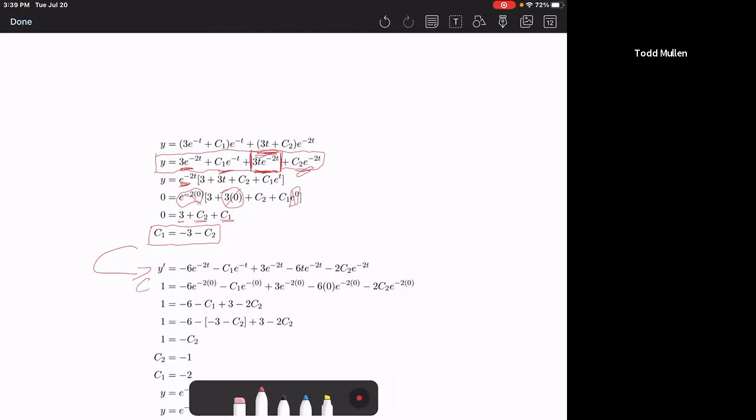That was part of the initial value problem. So we just plug in all these t's as being zeros, and we're left with 1 is equal to negative 6 minus c1 plus 3 minus 2c2. But we know what c1 is equal to, so we can plug that in.